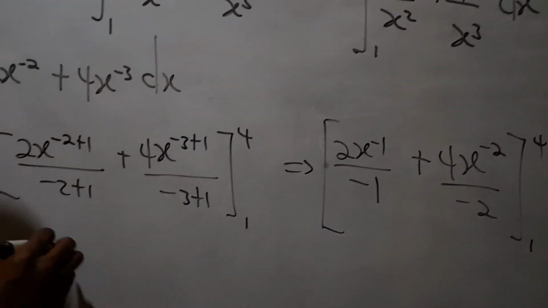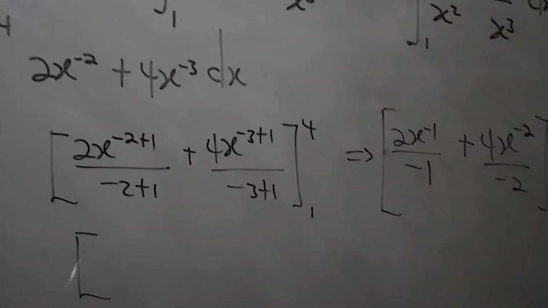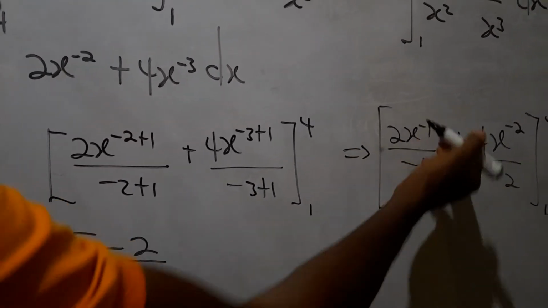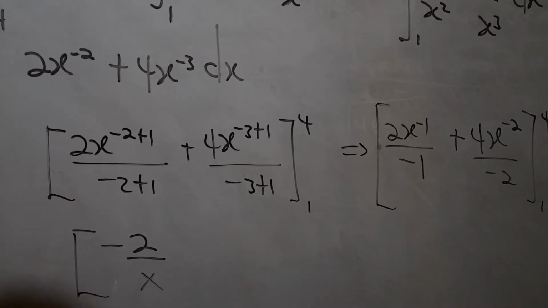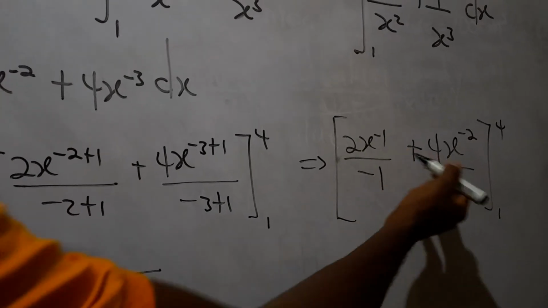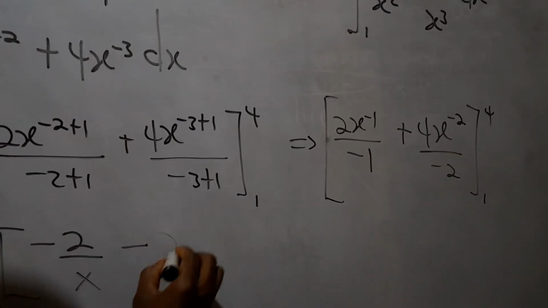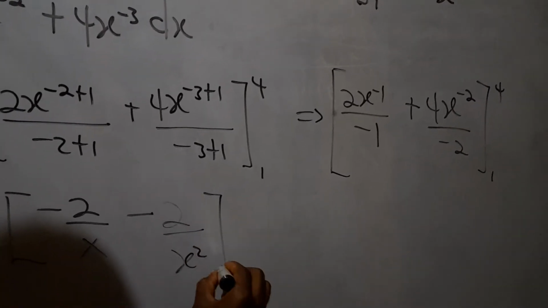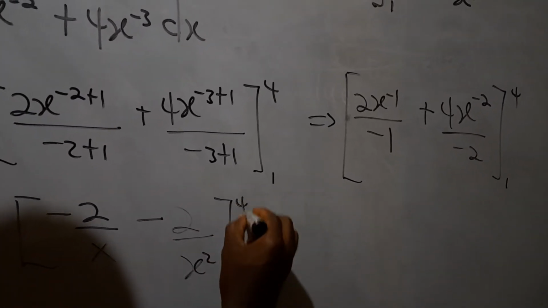When we solve that further, we'll have negative 2 over x, then minus, 4 divided by negative 2 will be negative 2, so negative 2 over x squared, spanning from 1 to 4.